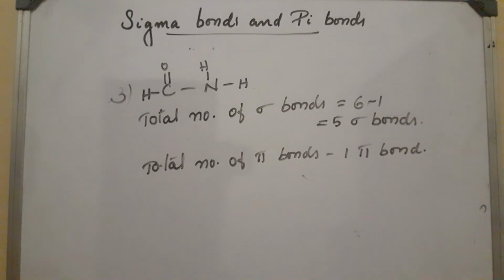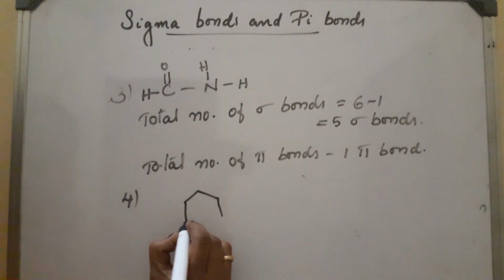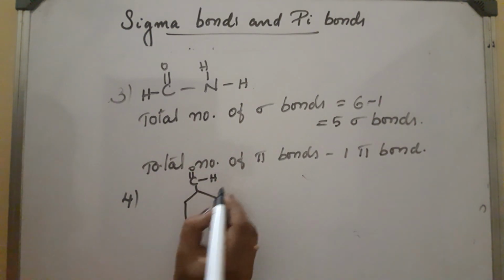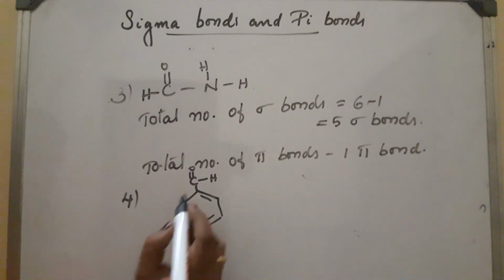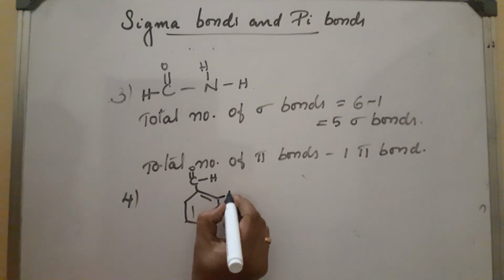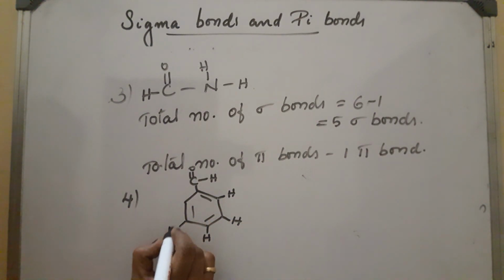Now, let us see a benzene structure, a ring structure. Fourth one. Consider this as an example. Take this compound. In this case, we know that 6 carbon atoms are there, and 1 hydrogen atom for each carbon atom.